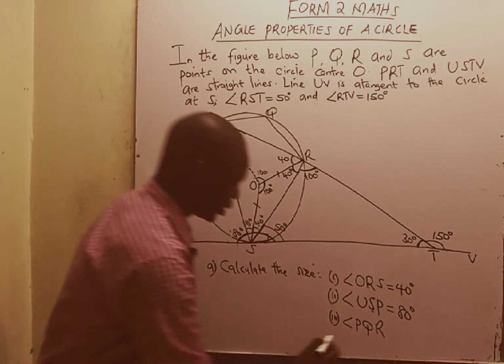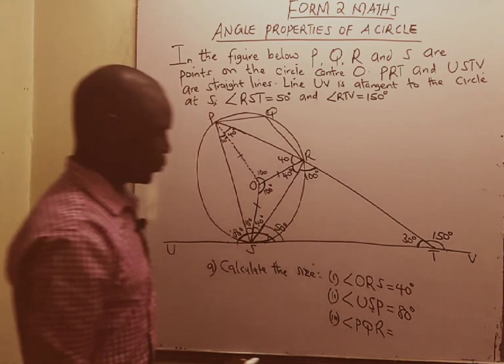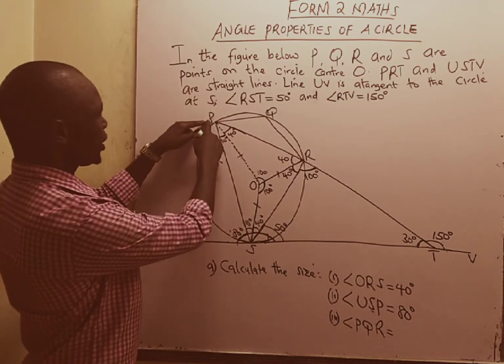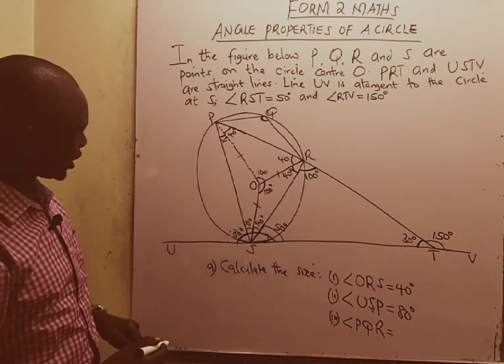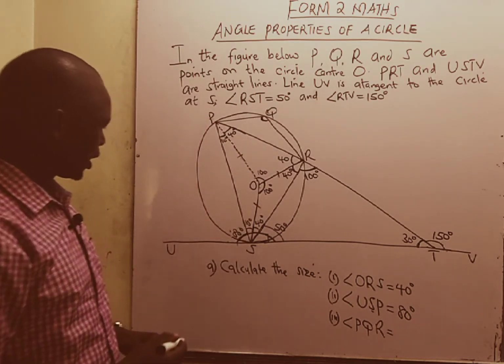The last angle we are supposed to find is PQR. To get that angle, it is very easy.